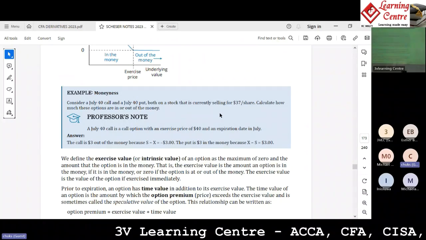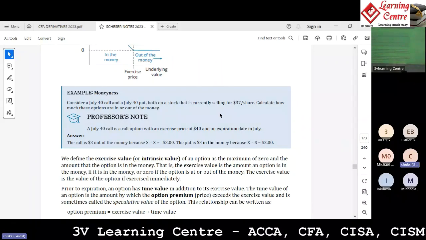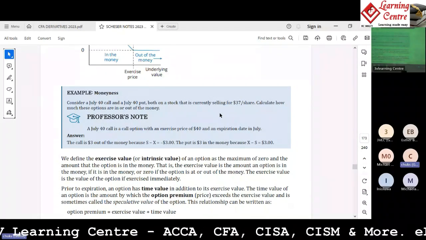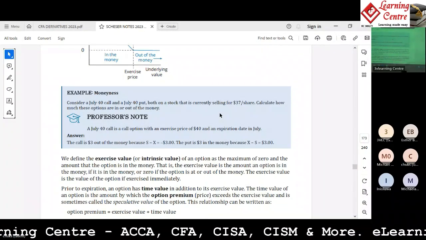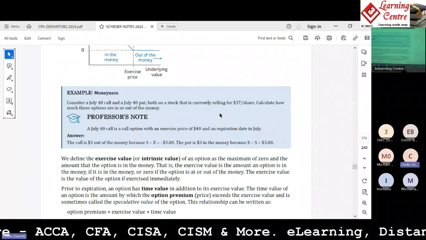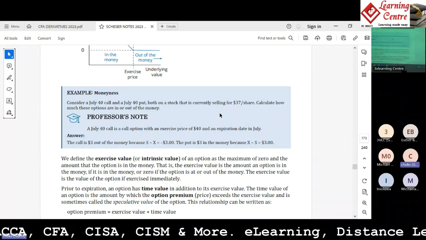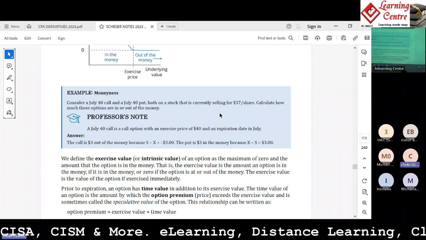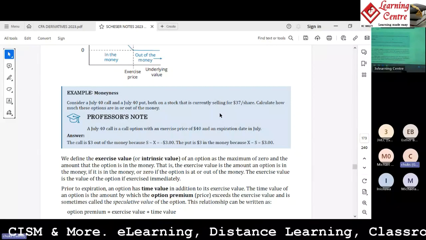What does that mean? It means we can keep increasing this stock price. Let's take that 42 to 100. You will exercise your option because 100 is far greater than 40, meaning you are gaining 60 in this case.